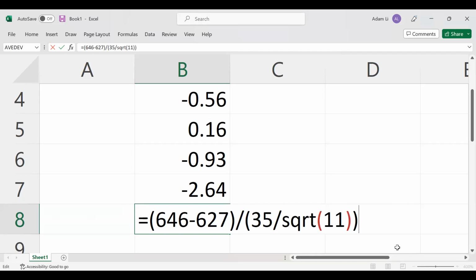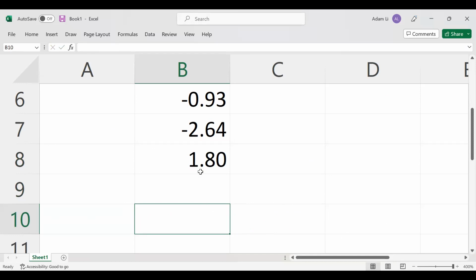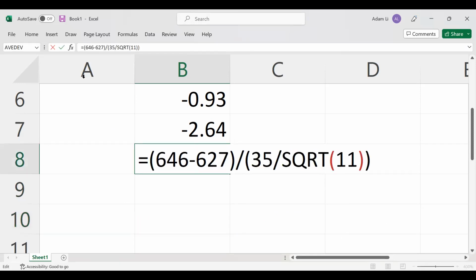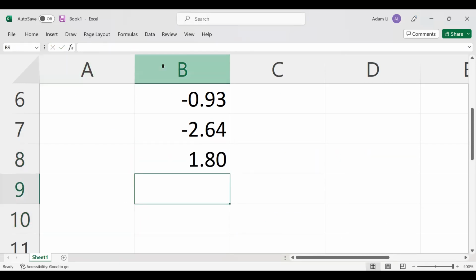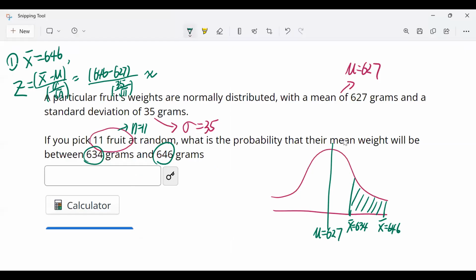Okay, so now we enter it, we get a result, right? So it will be 1.80. So that's the bigger z-score here. 1.80, bigger average weight, bigger z-score.